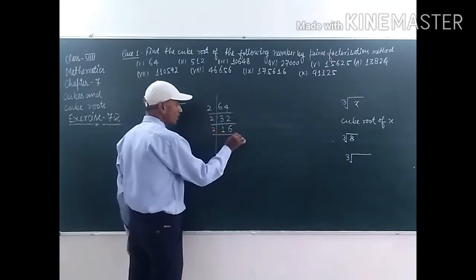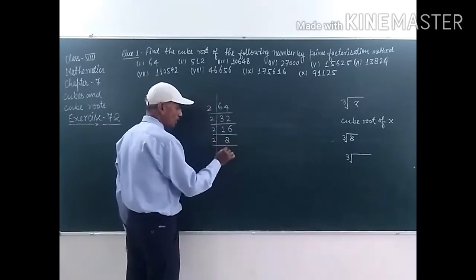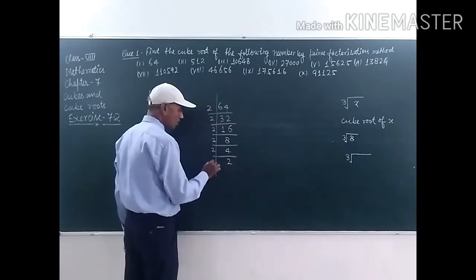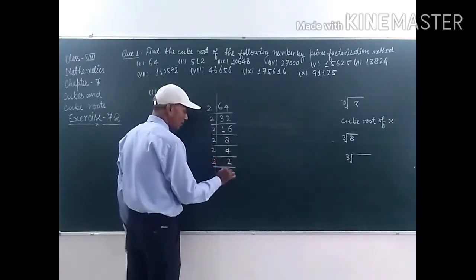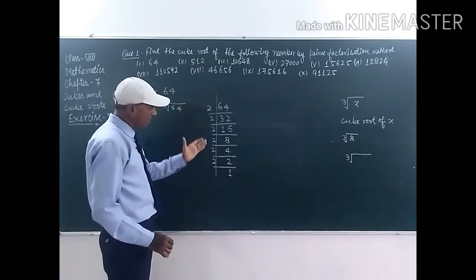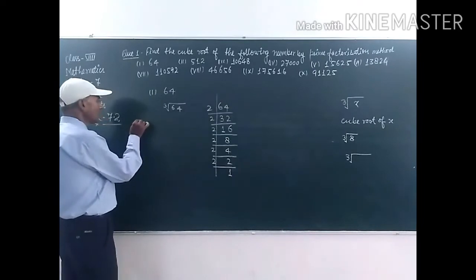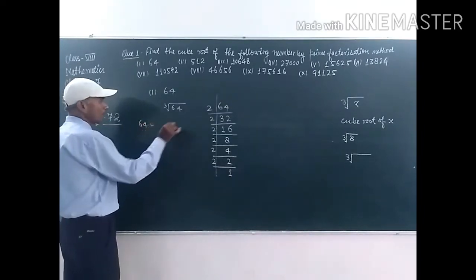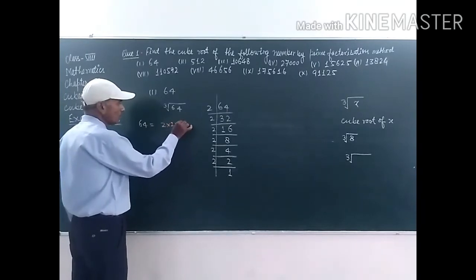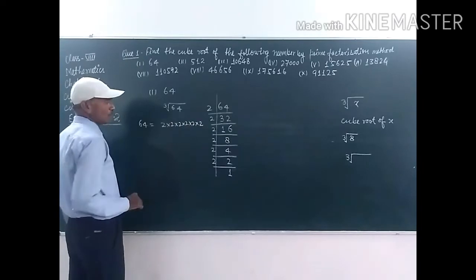Again by 2, it is 8, and dividing by 2 it is 4, and after dividing 4 by 2 it is 2, and 2 divided by 2 is 1. Now these are the prime factors of 64, student. Clear? So 64 is equal to 2 into 2 into 2 into 2 into 2 into 2, six times 2, student.